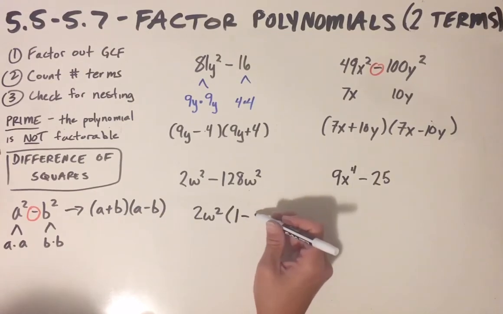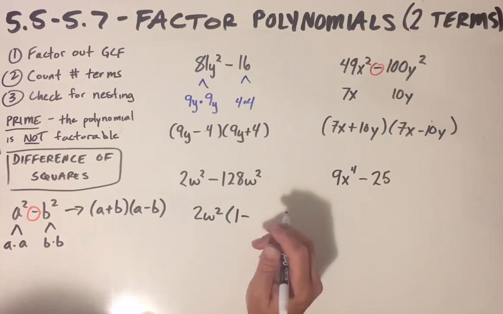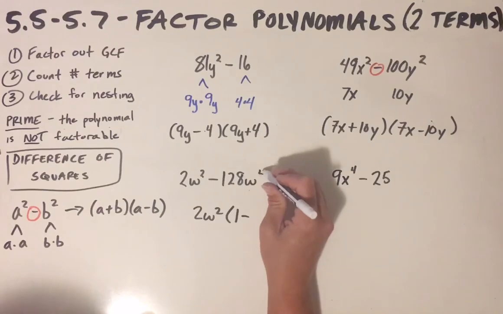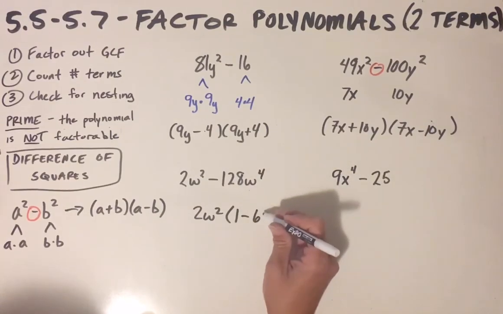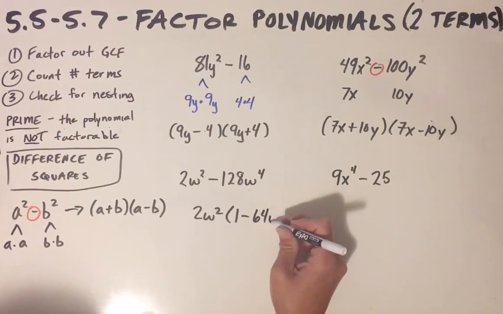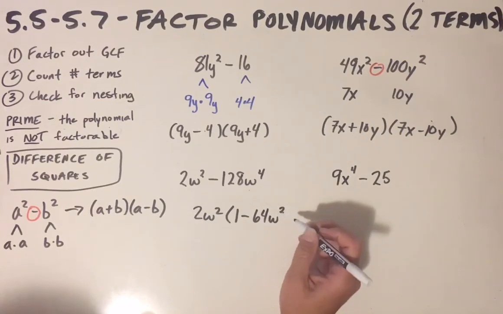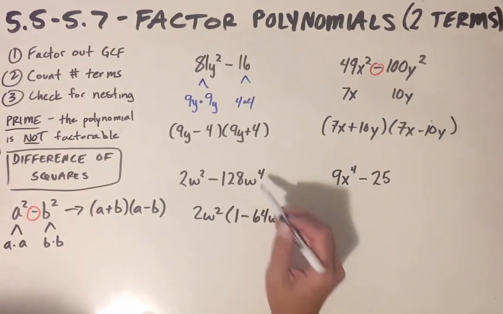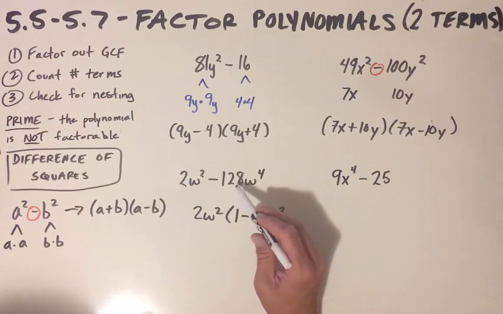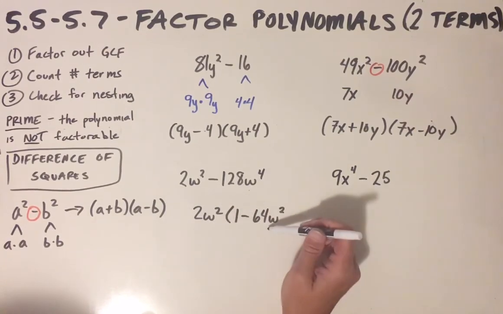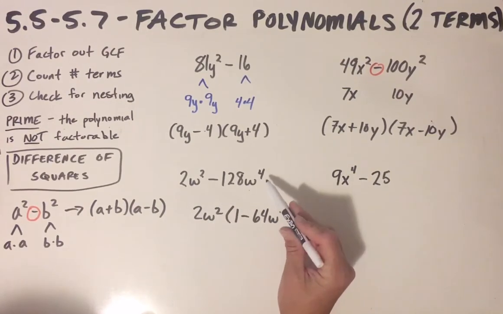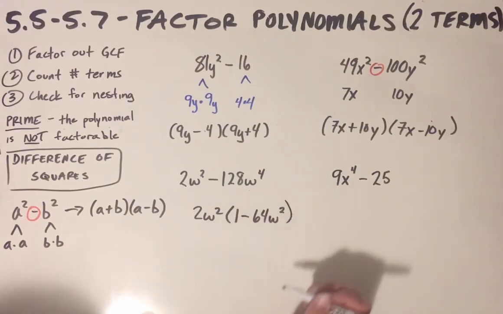And then I'm going to get a minus, oh, this is supposed to be to the fourth, guys, minus a 64w squared. I just wrote the wrong number right here, so make sure you change that. So 128 divided by 2 is 64, and w to the fourth divided by w squared is w squared.